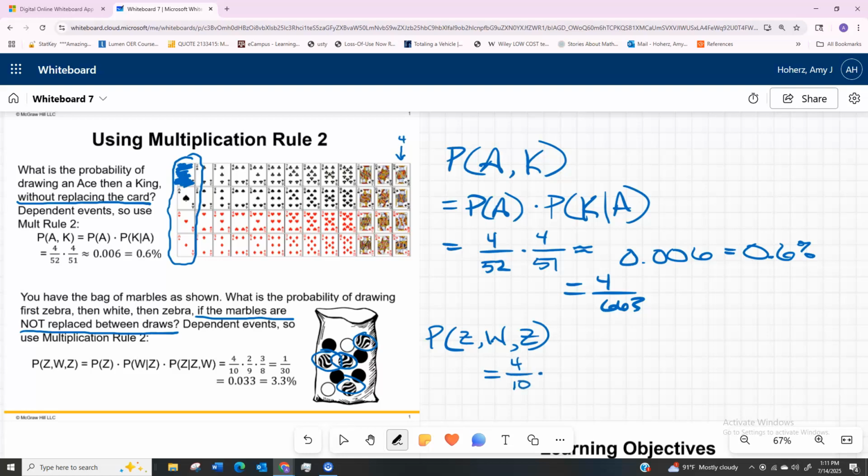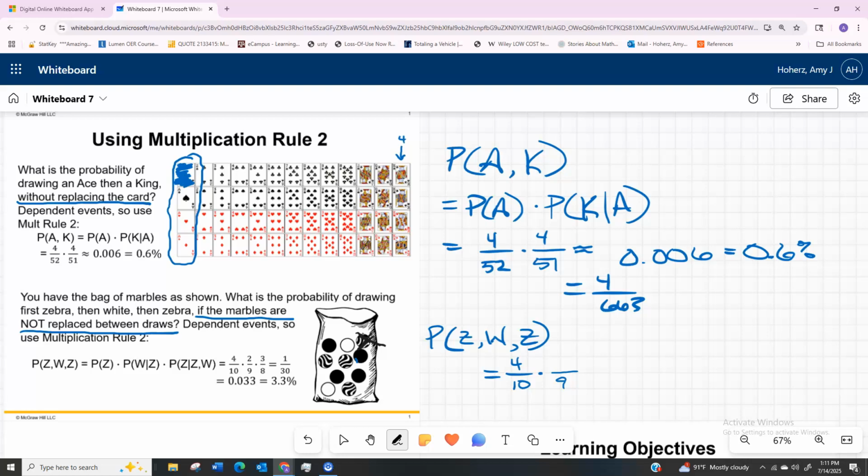Okay, but we're not going to replace that. And so when we go to do our second draw, one of these zebra stripes is gone. Okay, so now instead of having 10 marbles, we only have 9 marbles left now. So one of the zebra stripes was taken out, so instead of 10 marbles, we have 9 marbles.